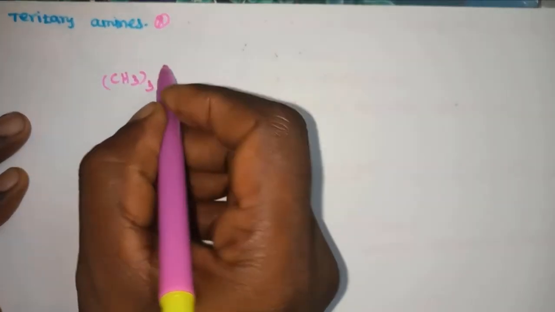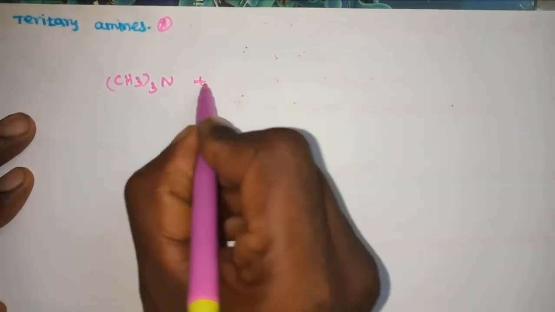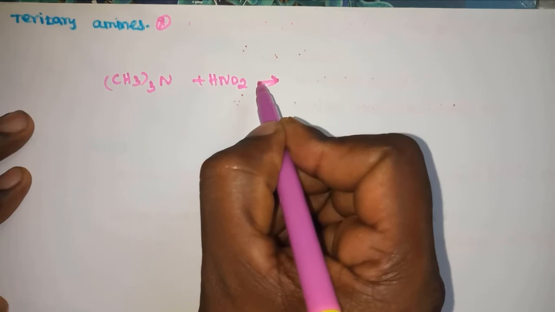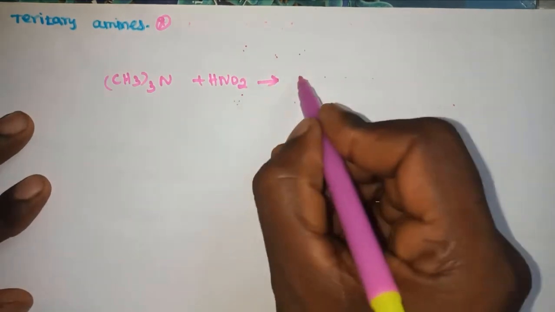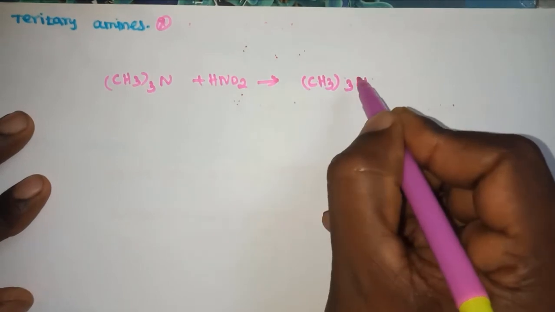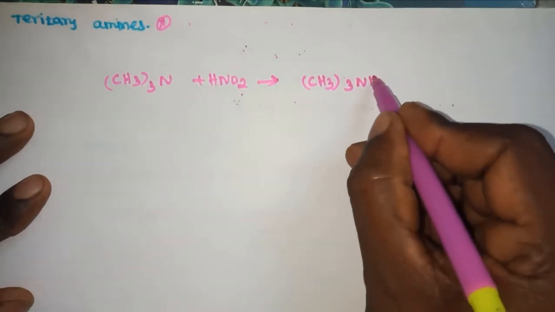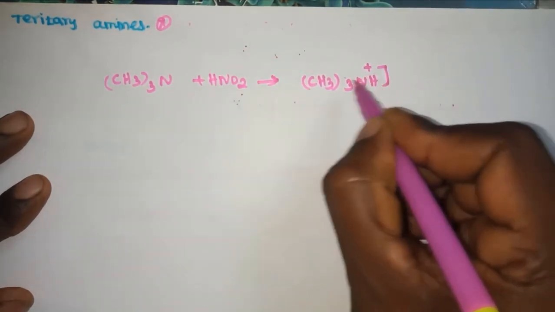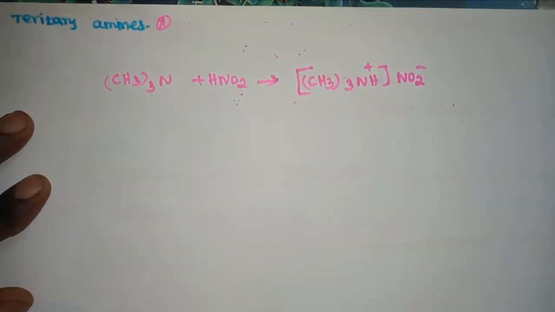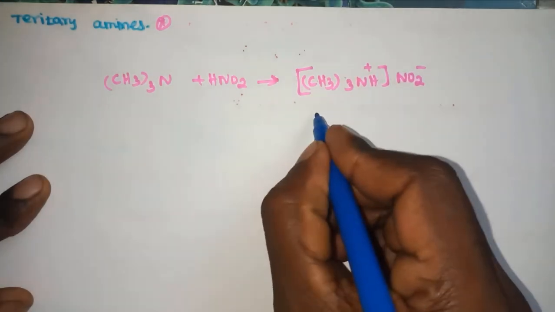Name of this compound is trimethylamine, which reacts with nitrous acid HNO2 to form trimethyl ammonium nitrate.